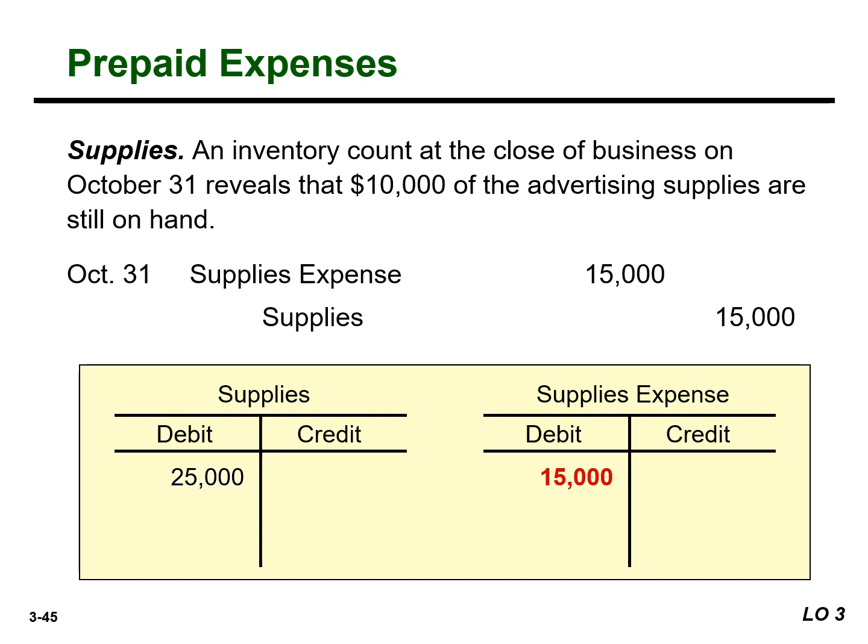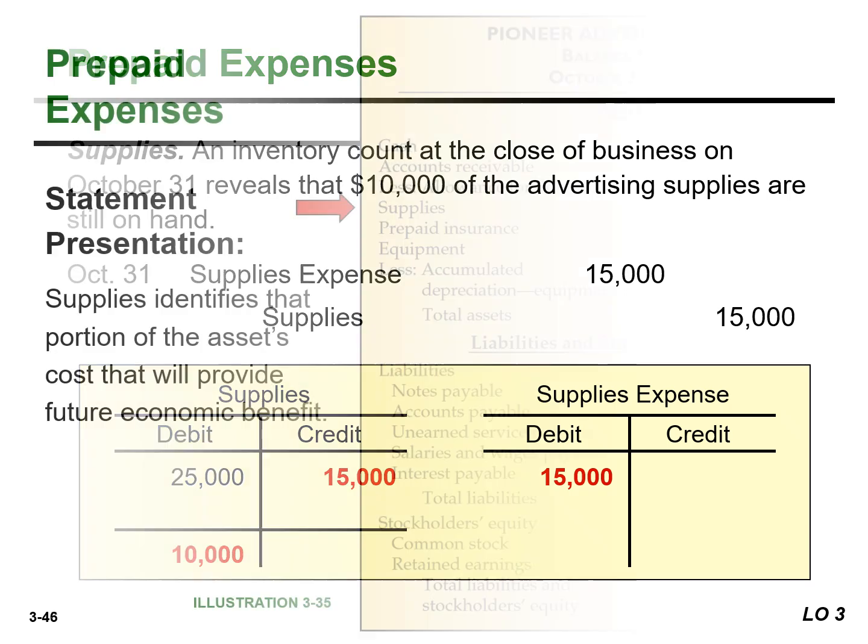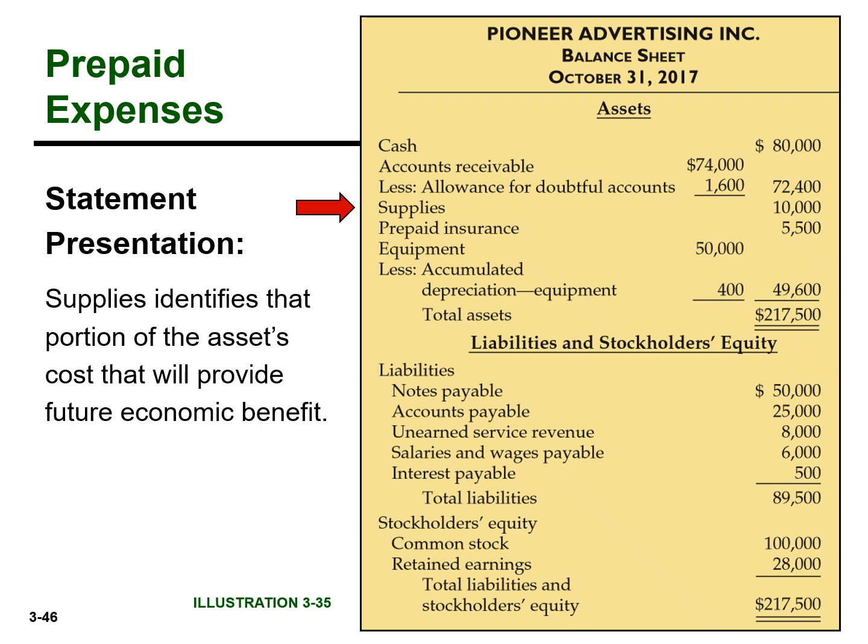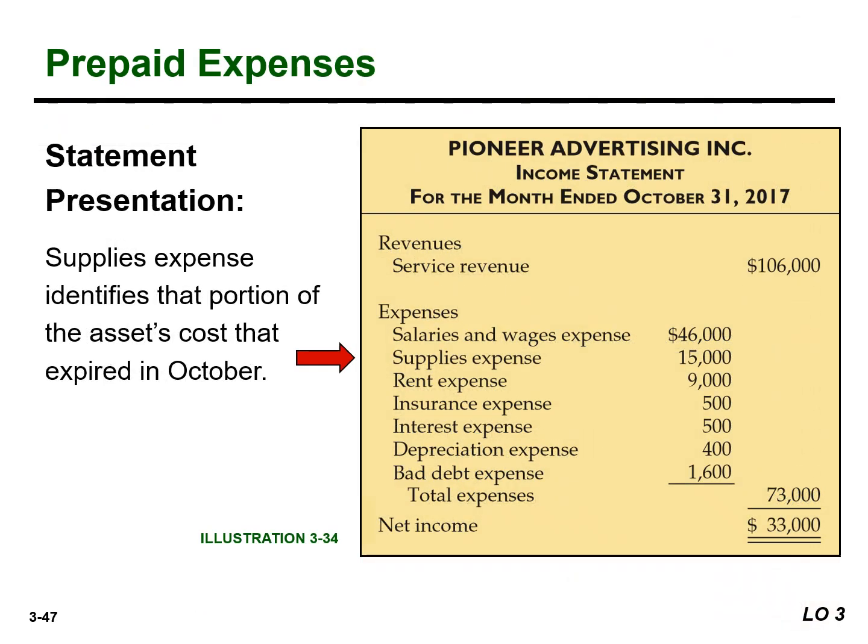It needs to be 10. We need to take 15,000 out. So we move 15,000 to expense, and supplies becomes 10,000. It's about adjusting the account. You need to know whether it's normally a debit or a credit, and you need to know the opposing account in order to fix it. And so you adjust them on this statement.